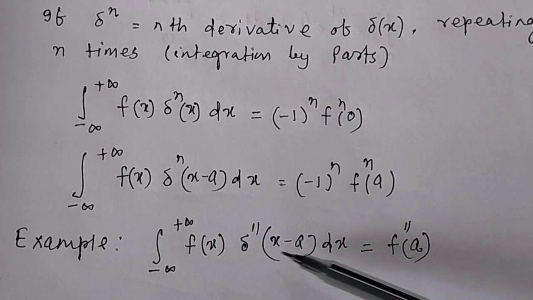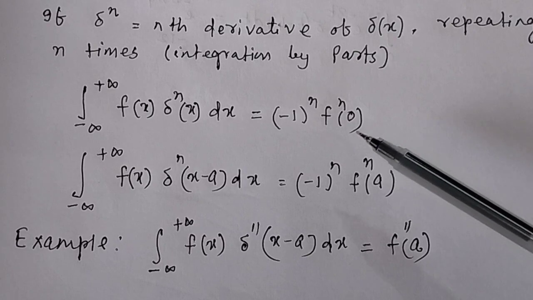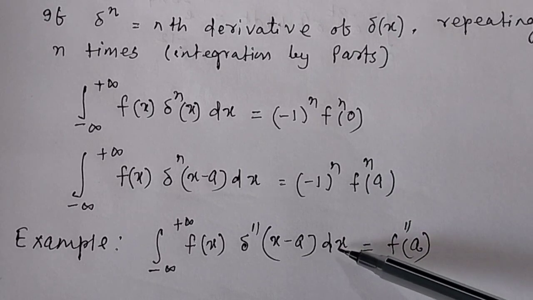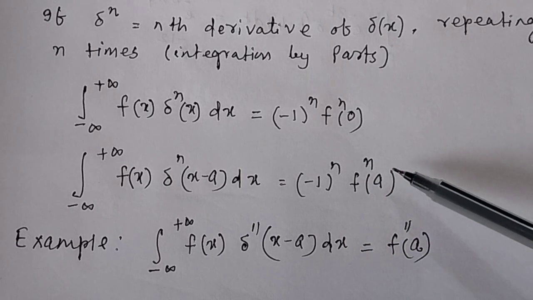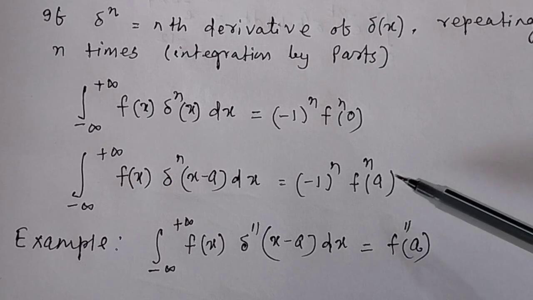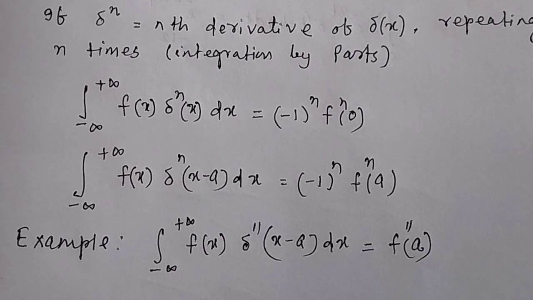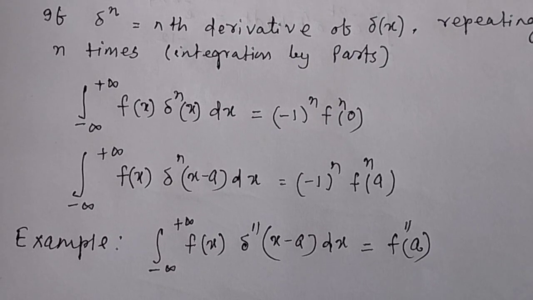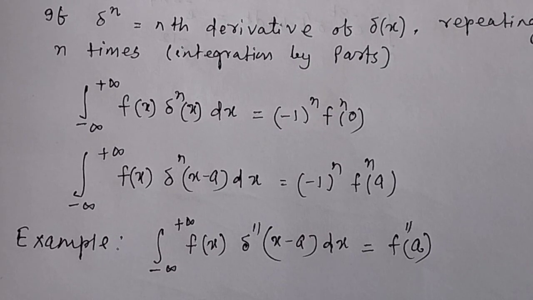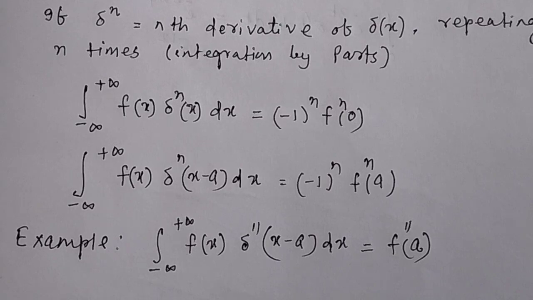In this way you can prove it. So this is a very useful formula to evaluate higher derivatives of the delta function, that is the first derivative, second derivative or nth derivative. That is why it will be very useful to solve various problems on higher order derivatives of the delta function.